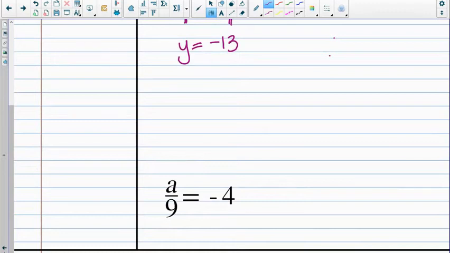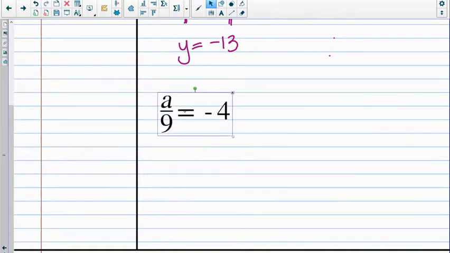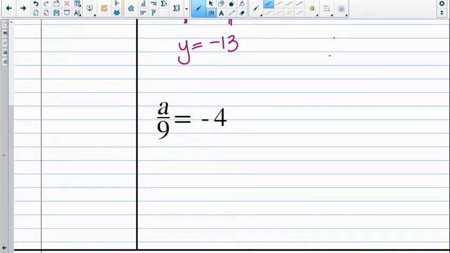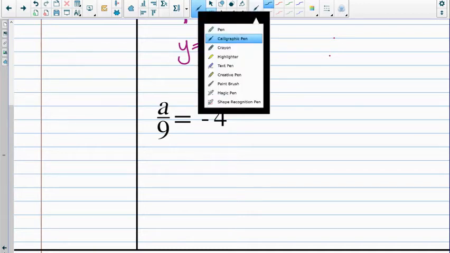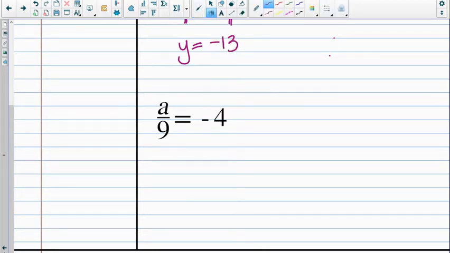Here you'll notice we have fractions, and I chose this one because a lot of times we see these fractions and we kind of freak out, and we don't have any reason to freak out because fractions are super fun. All I have here is divide. Really what I have is a divided by 9. And you guys know what the opposite of divide is. It's multiply.